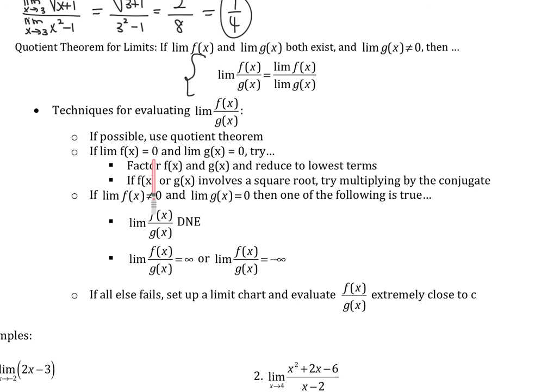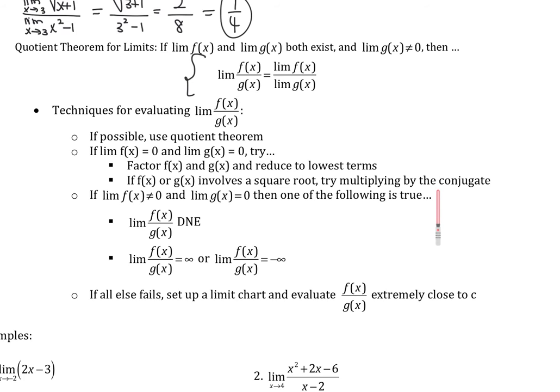If the limit of f of x equals 0, so the numerator, and the limit of g of x equals 0, so the denominator equals 0, what we're going to look to do is factor those f of x and g of x and see if we can reduce. If f of x or g of x involves a square root, we might try rationalizing with the conjugate.